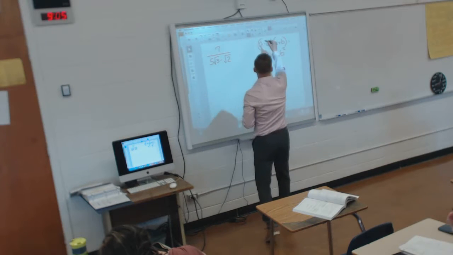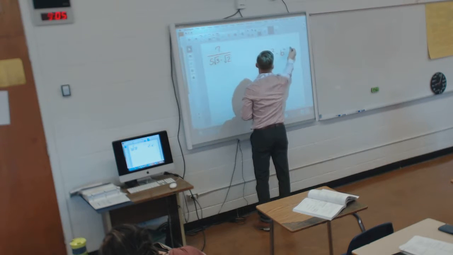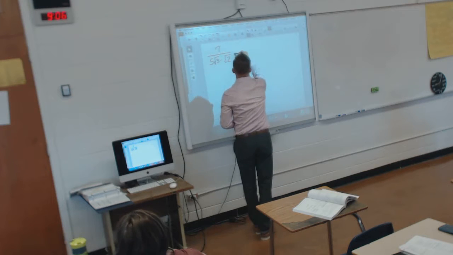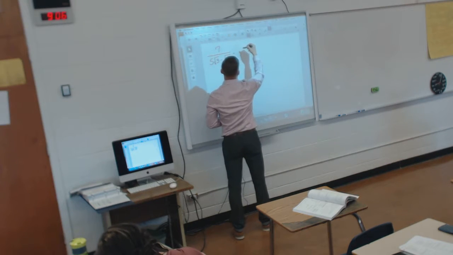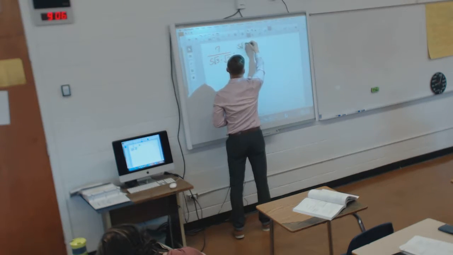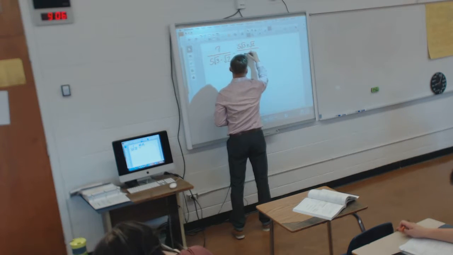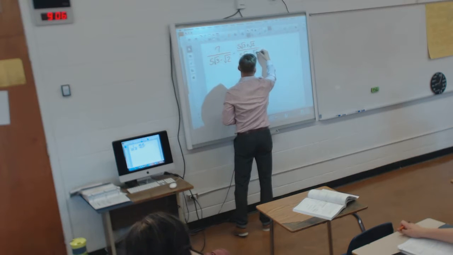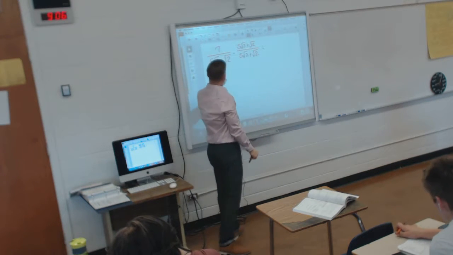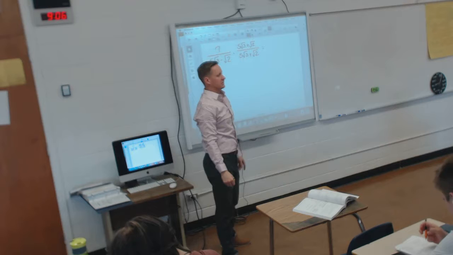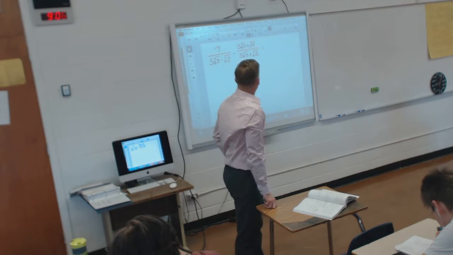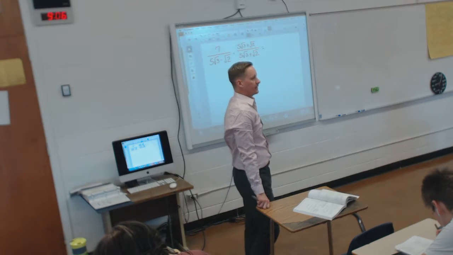So what I'm going to do then is multiply this guy by, I'm going to do it by everything on the bottom. This. So I'm multiplying it by its additive inverse. 5 root 3 plus root 2.